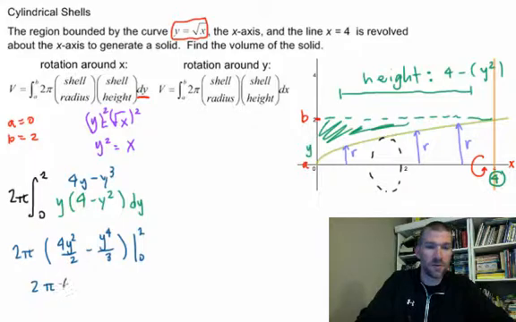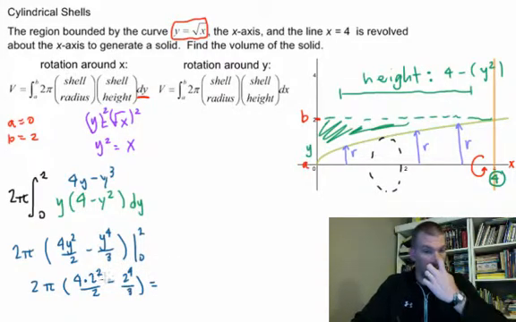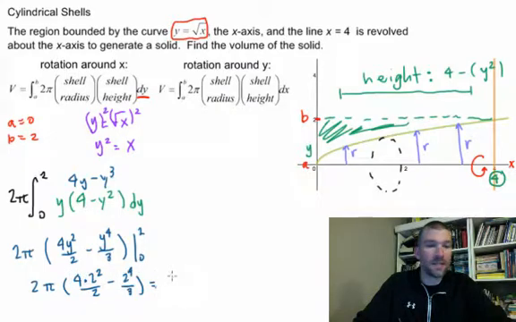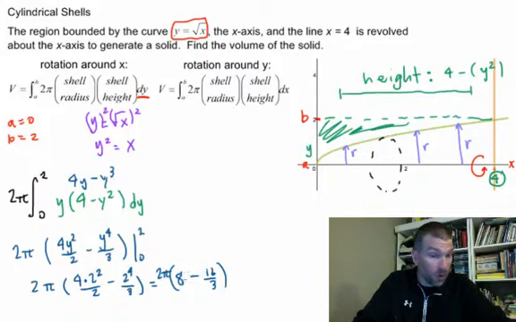So that's going to be 2 times pi times 4 times 2 squared divided by 2 minus 2 to the 4th divided by 3. So 16 divided by 2 is 8. So we have 8 minus 16 thirds times 2 pi, which is going to be 24 thirds.